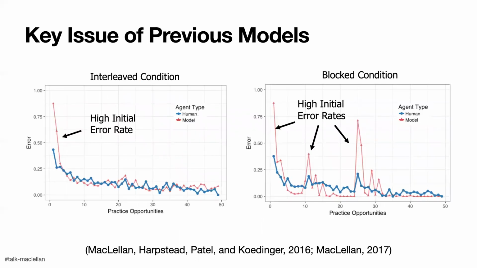So when we started diving down into the learning curves, this is showing the average performance across all of the simulated agents and human agents in the interleaved condition on the left and the blocked condition on the right. One of the big differences between the simulated agents and the human agents was performance when they see skills that they have never seen before.